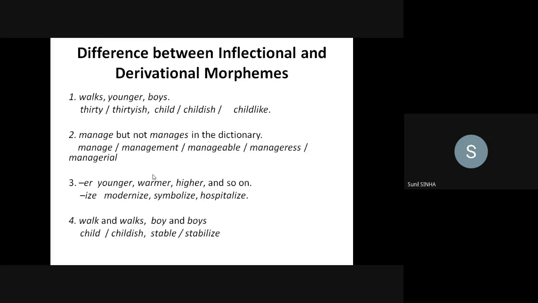It gives you more choice. 30 and 30-ish, now you have two choices before you. Child, childish, childlike, you have three choices before you. So a derivational morpheme changes the meaning of a word. It enlarges our choice of words.